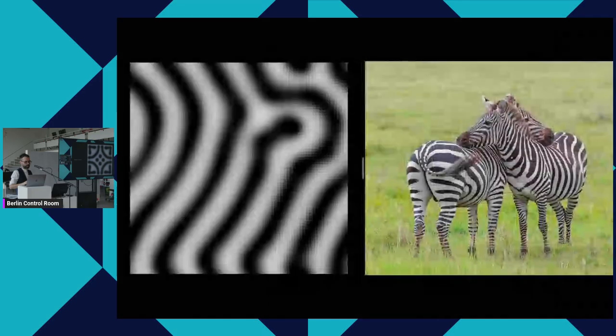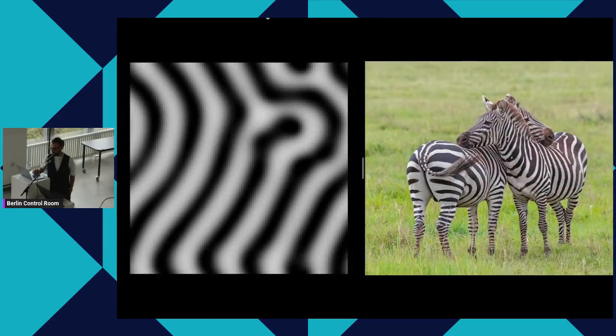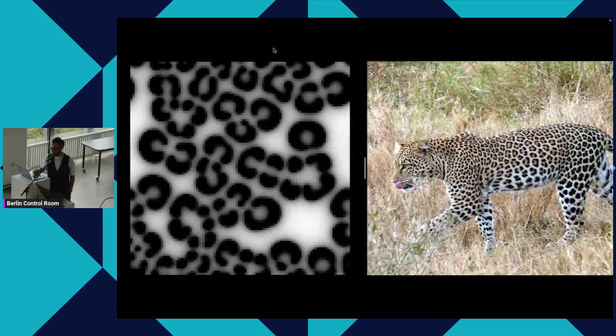So to recap, this is the exact same code as this one. So we can see emergent complexity from very simple rules.